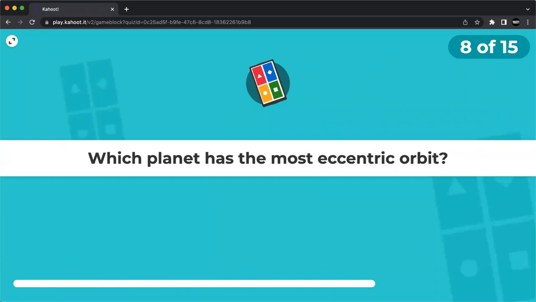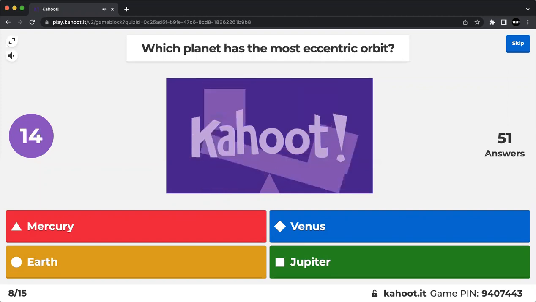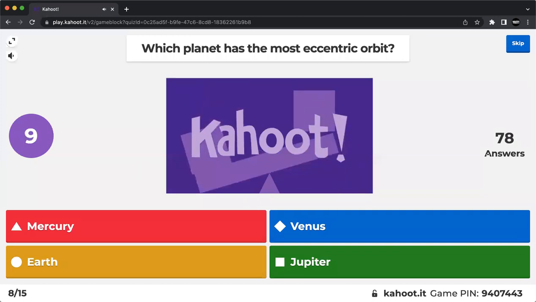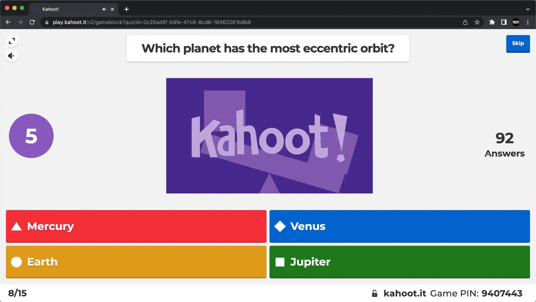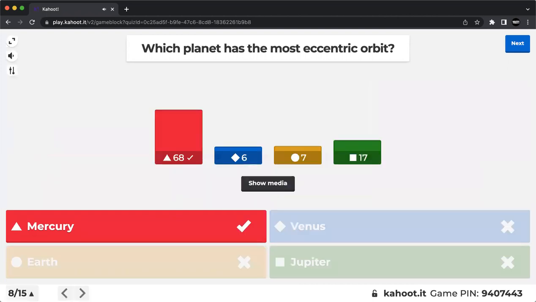Which planet has the most eccentric orbit, or the least circular orbit? Yep, Mercury.